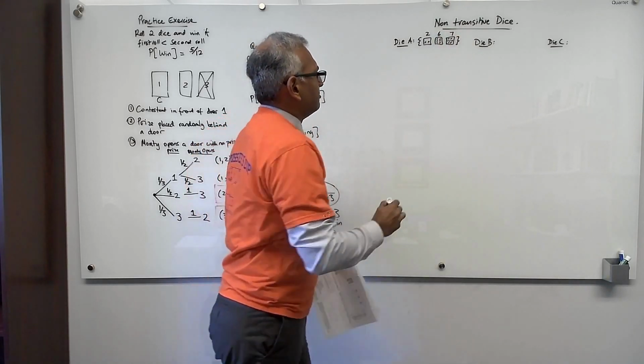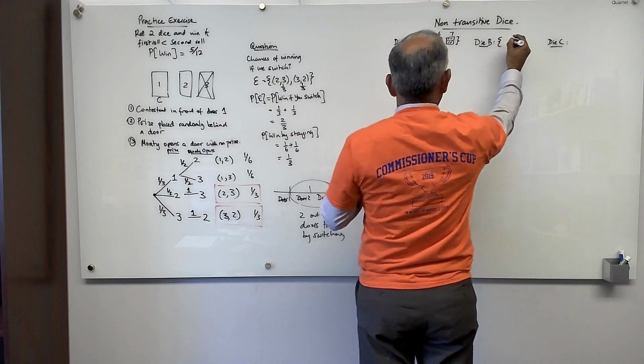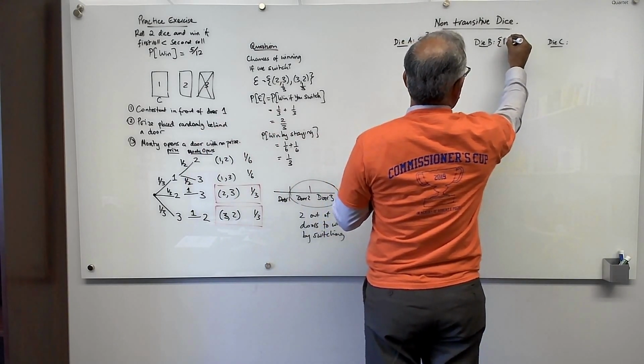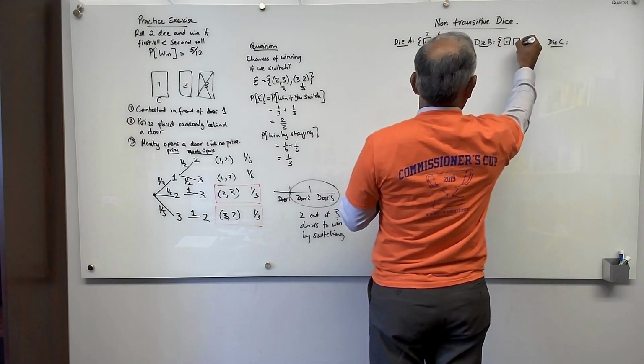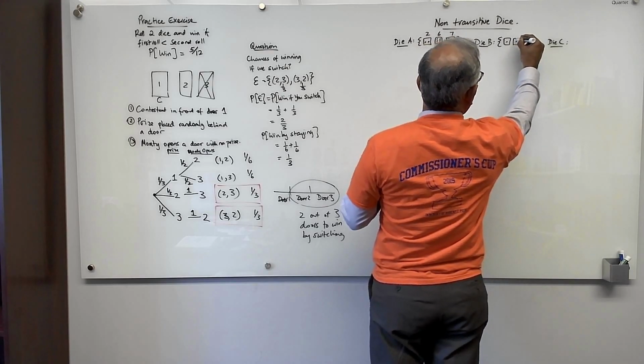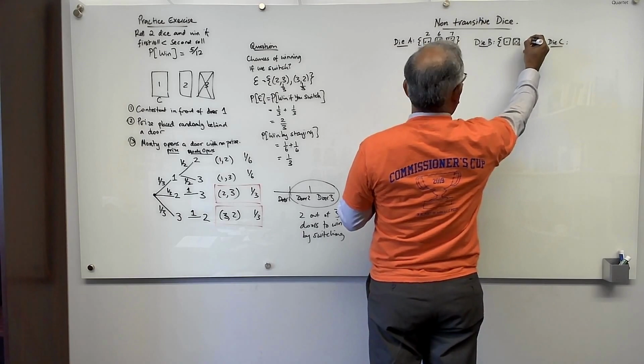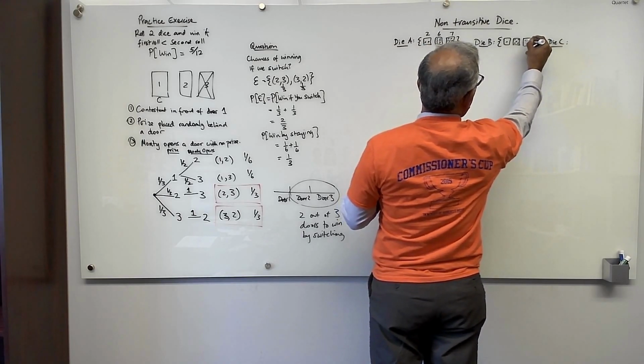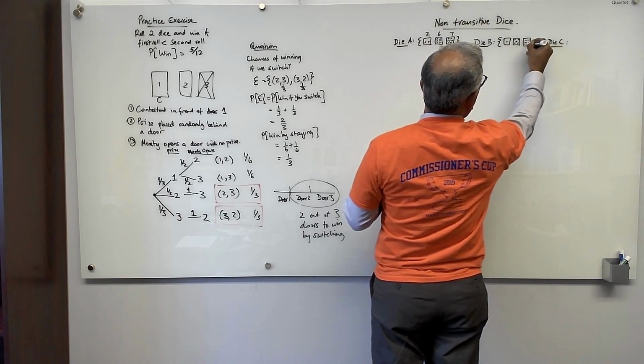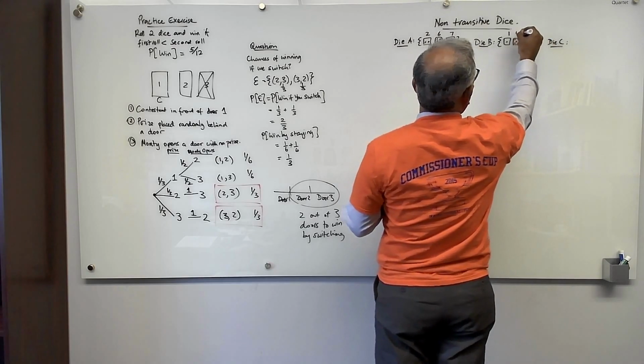Okay. And die B similarly has 3 die faces: 1, 5, and 9. So that's die B, 1, 5, and 9.